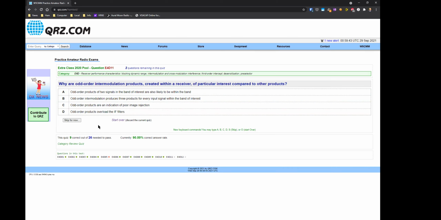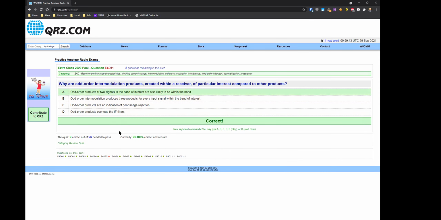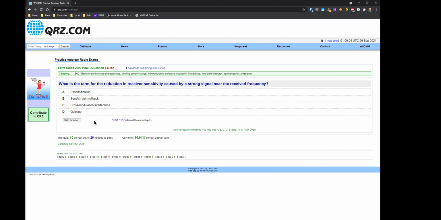Why are odd order intermodulation products created within a receiver of particular interest compared to other products? A. It's gonna be A. What is the term for the reduction in receiver sensitivity caused by a strong signal near the received frequency?